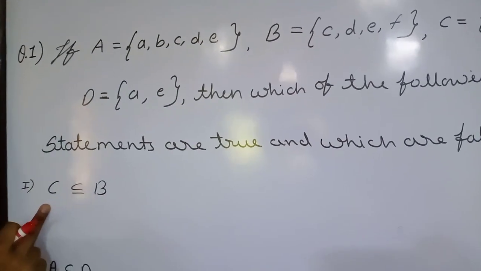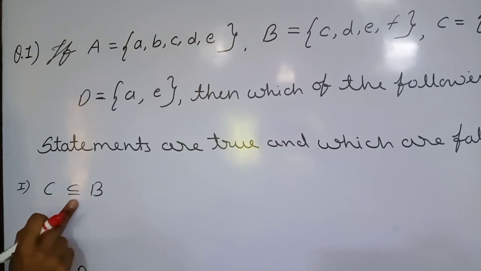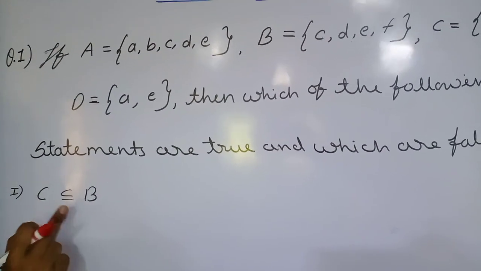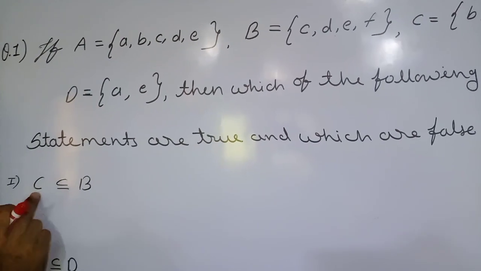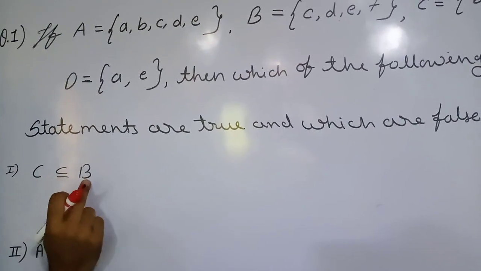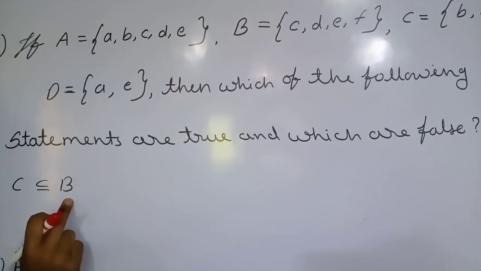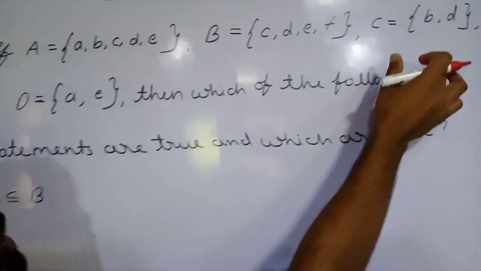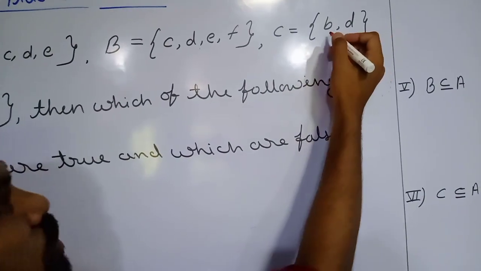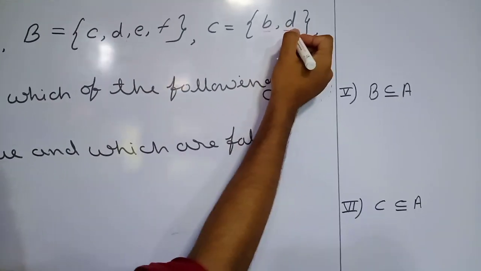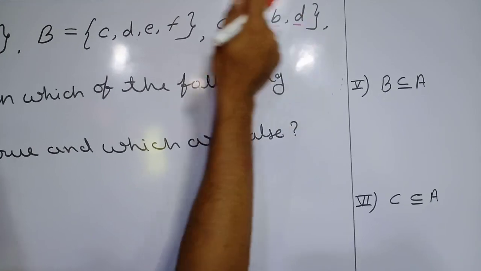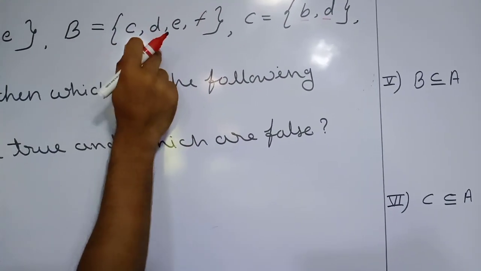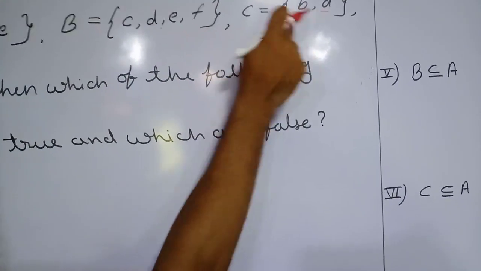The first sub question is: C is a subset of B. When is it possible? If all the elements of C are present in B, then only we can say C is a subset of B. Let's check. Where is the set C? Here we have the B and D. Whether both are present in the set B, then only it will be possible. Let's check. B is here?